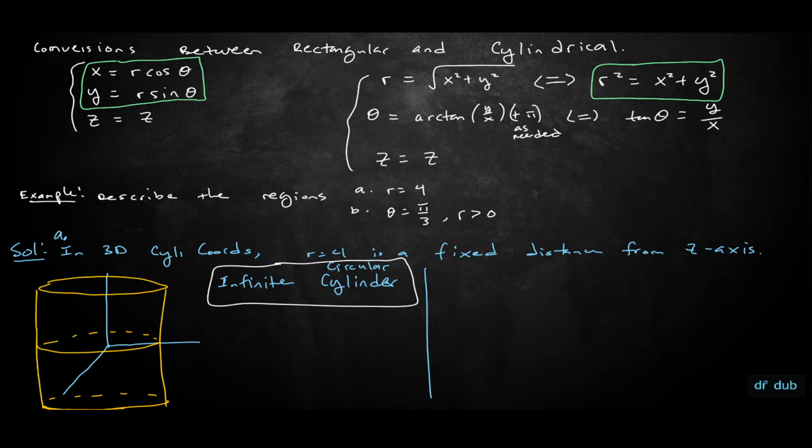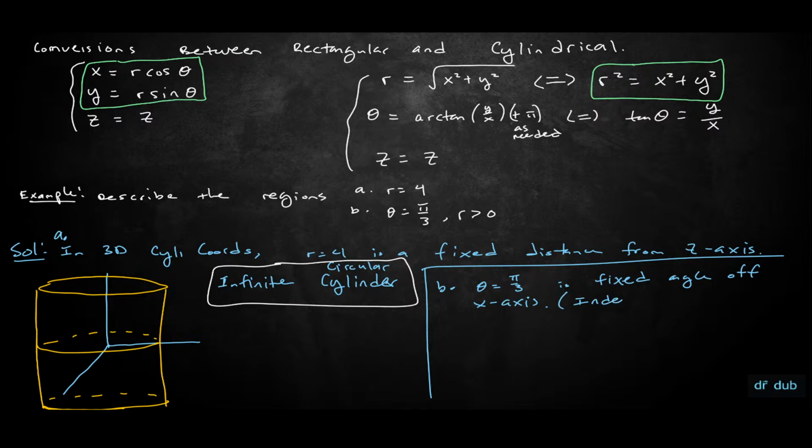So let me come over here, part B. Theta equals pi over 3 is a fixed angle off the x-axis, regardless or independent of r and z. Of course, r is positive, we said.